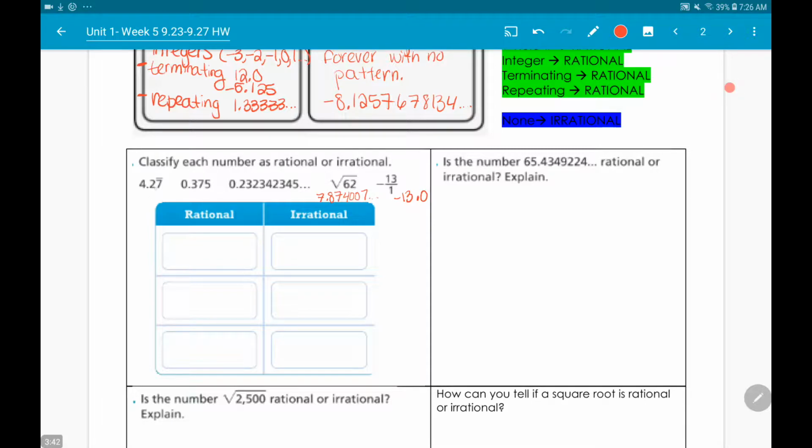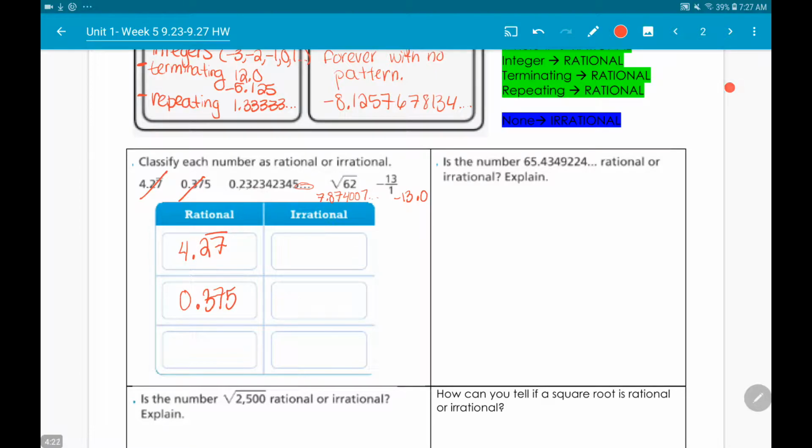Now I go through my list. Let's look at this first one. What type of number is this? It is repeating, so since it is repeating, it is rational. The next one is terminating, so it is also rational. A third one, I see that it goes on forever. Is it repeating?